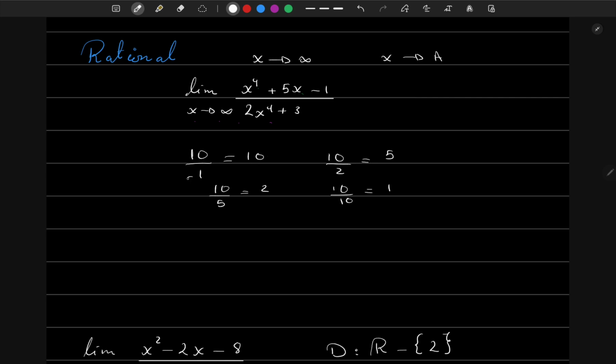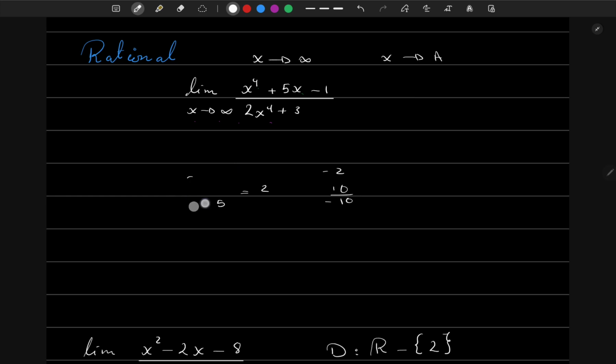Notice that the higher the number I divide with, the smaller the value I get. So what if I divide 10 with a number that is so large? Let's say infinity. Well, that means I'm just going to end up with a value that is so small, and this value is approximated as 0. So when I divide anything by infinity, I'm just going to end up with 0.